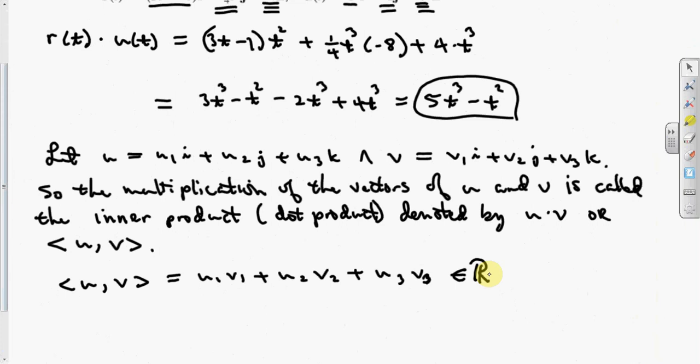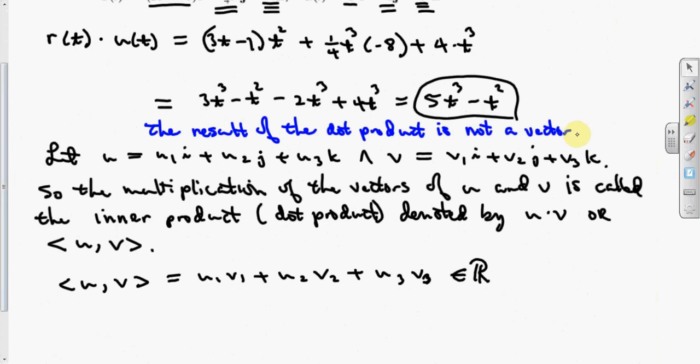Okay. So this guy, the result of the dot product is not a vector valued function, but a scalar.